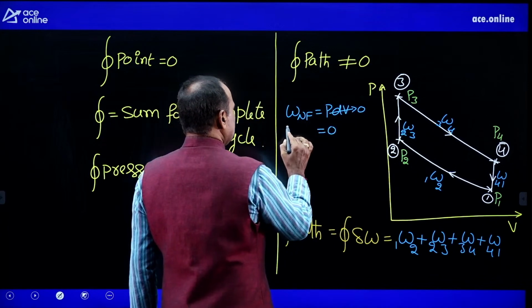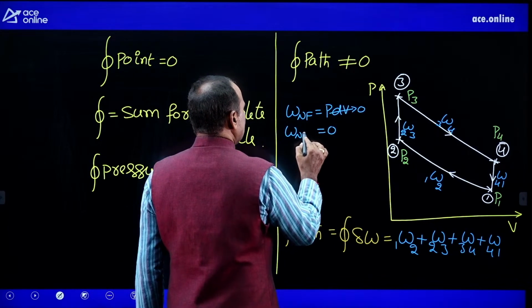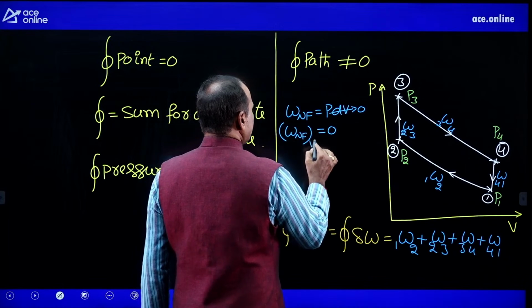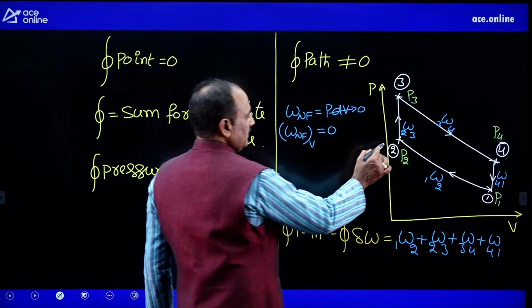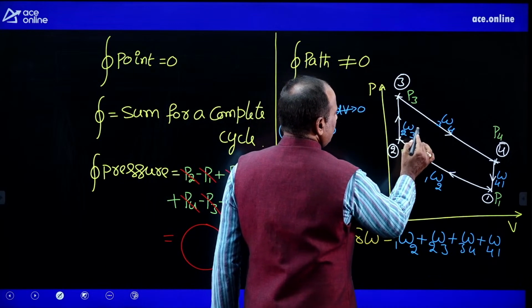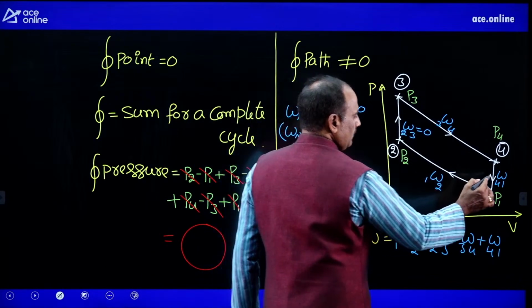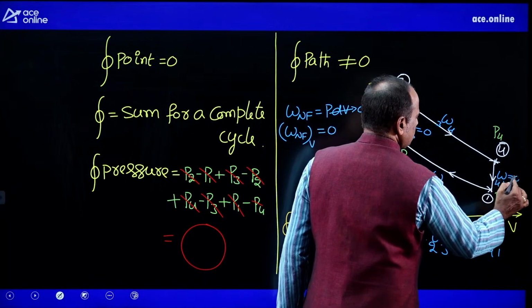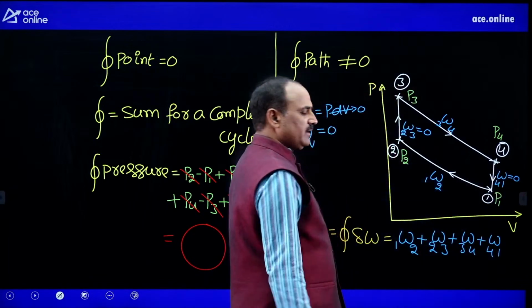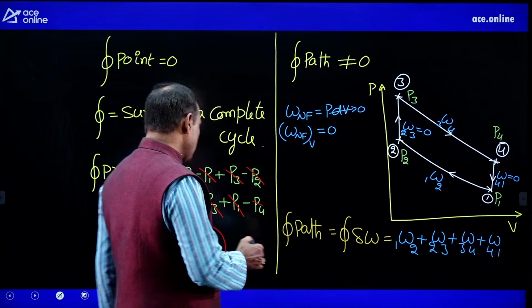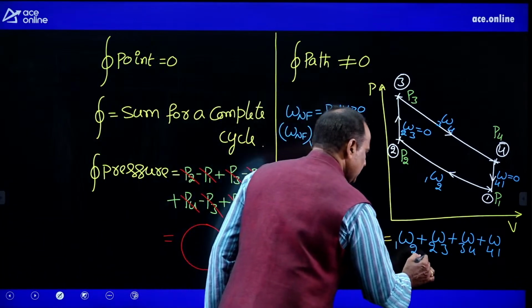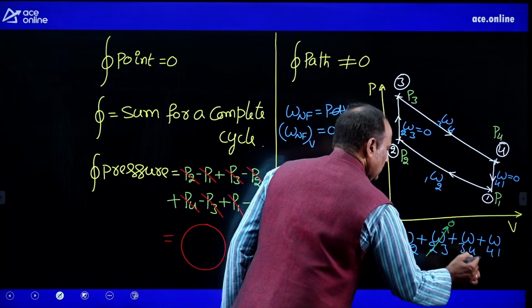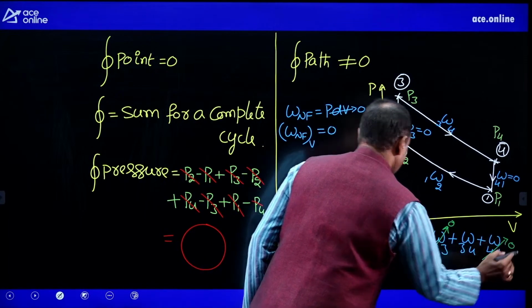It means the non-flow work at constant volume is equal to 0. Therefore the work for 2 to 3 is 0, and the work for 4 to 1 is also 0, because 4 to 1 is also a constant volume process.